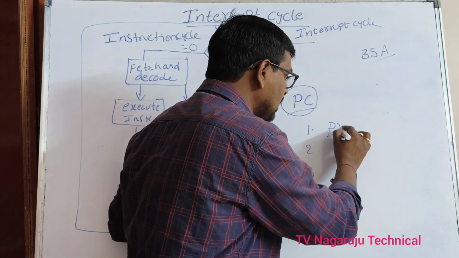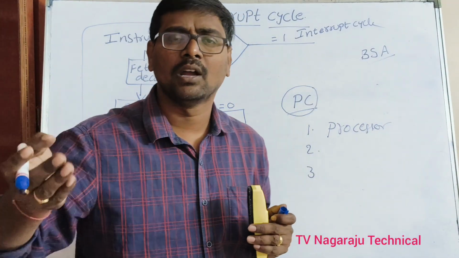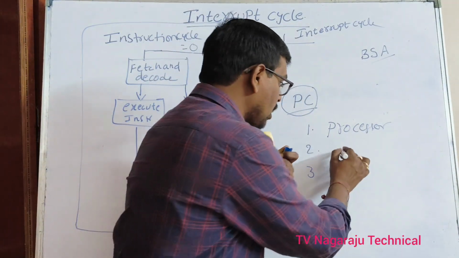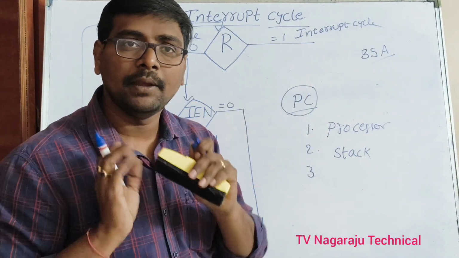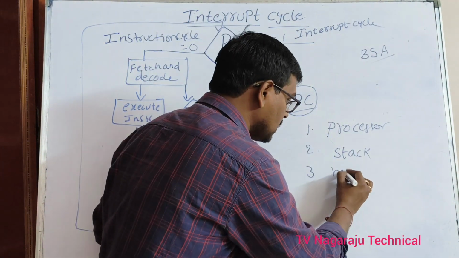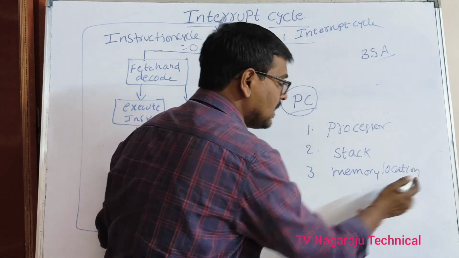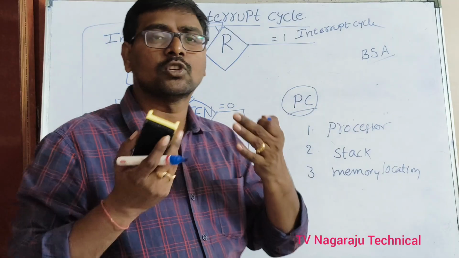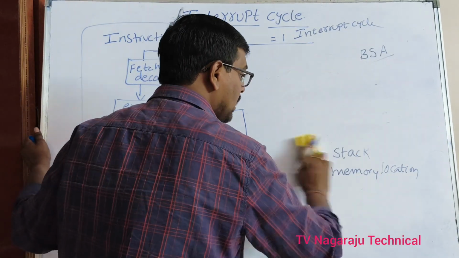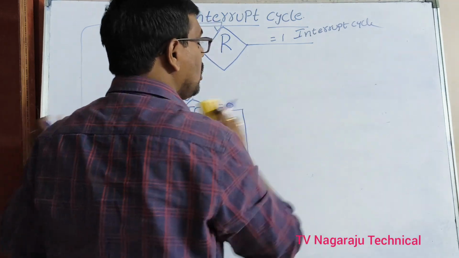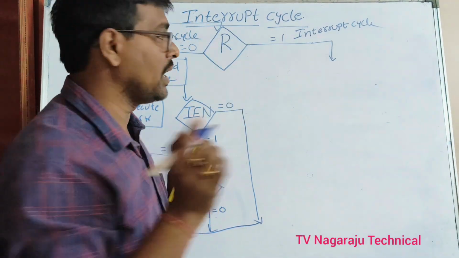One is to store it in processor registers like R1, R2, or you can store it in a stack in memory, or, as the default basic computer does, at a fixed memory location. These are the different places where we can store our current address. By default, a basic computer stores the current address at the 0th memory location.